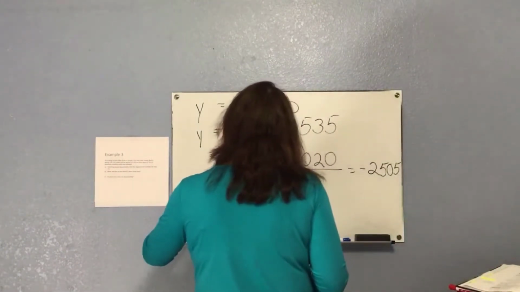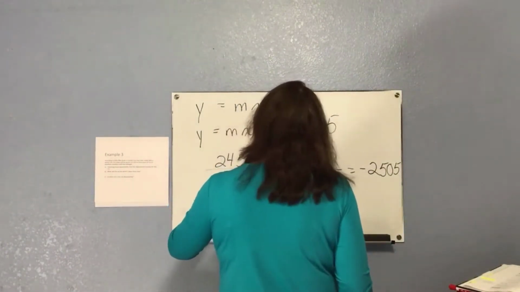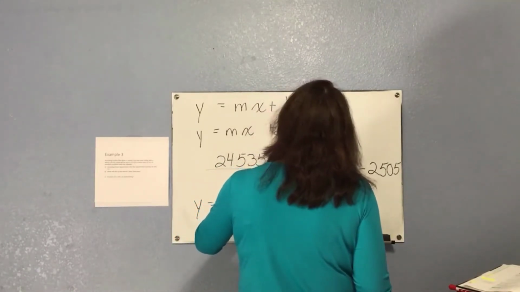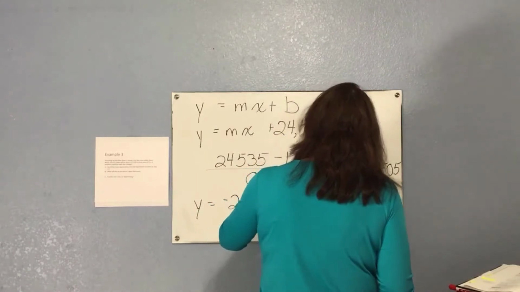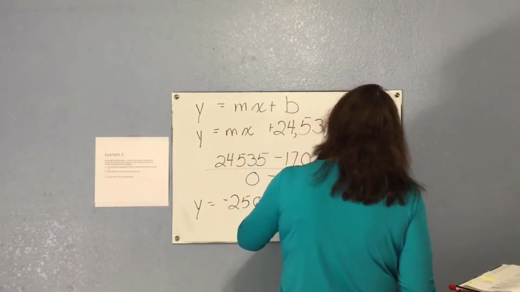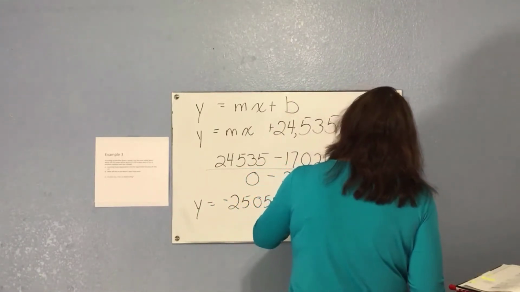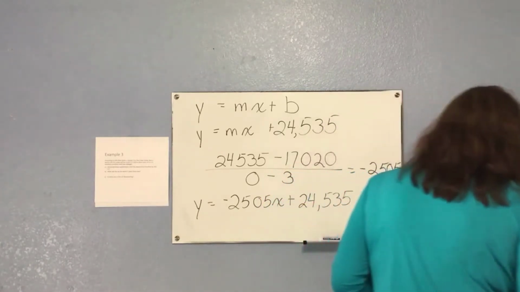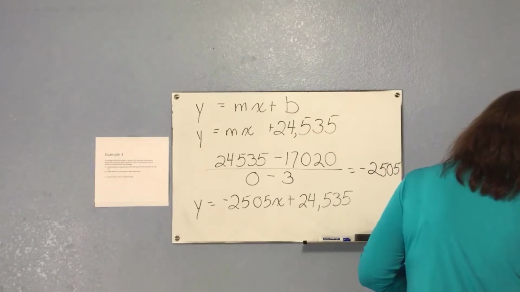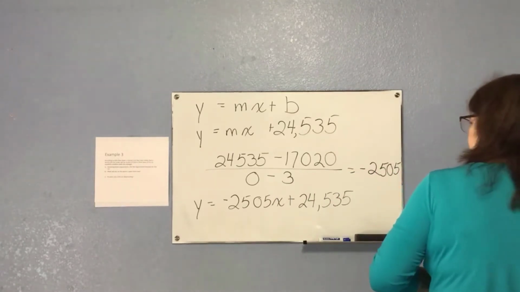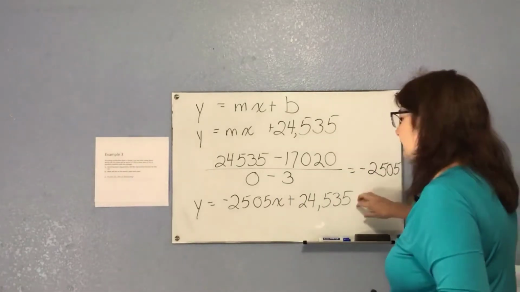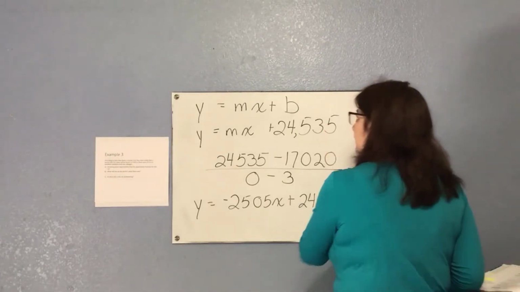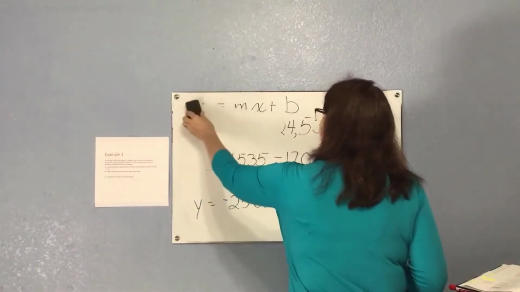So now I can say y equals negative 2505x plus 24,535. Now that we have this function, we want to know what the car will be worth 5 years from now.